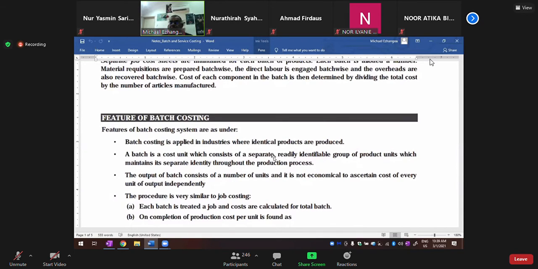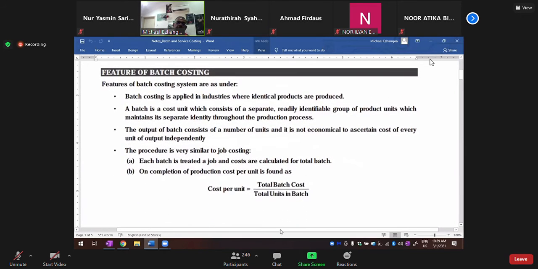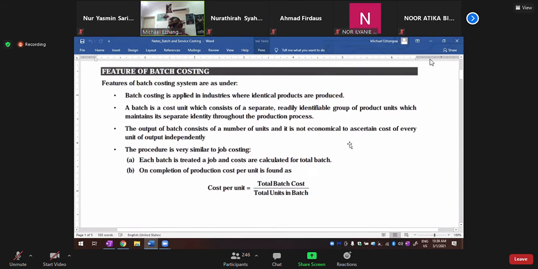A batch is a cost unit, right? So when you apply batch costing, each batch is seen as a cost unit. Understand? Continue. The output of a batch consists of a number of units, not economical to ascertain the cost of every unit of output independently. Yes, we don't do that. So what do we do? Instead of working out the cost of every one unit, we work out the cost of the batch first. And as I said, once you work out the cost of a batch, the next step is very simple. Divide that by number of units and you get cost per unit.